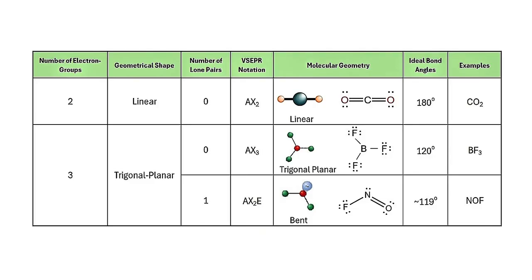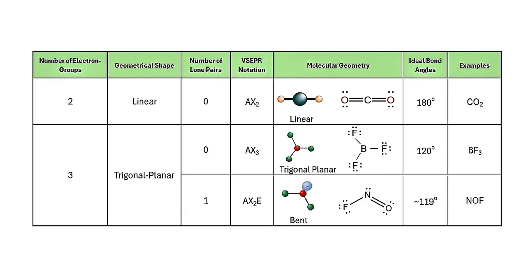Now, let's have the second possible answer of the 3 electron groups, which is 2 bonds and 1 lone pair. So the VSEPR notation is AX2E. And what does E mean? The letter E describes the lone pair. So if it is just E without a number, it means 1 lone pair. If it is E with 2, it means there are 2 lone pairs.